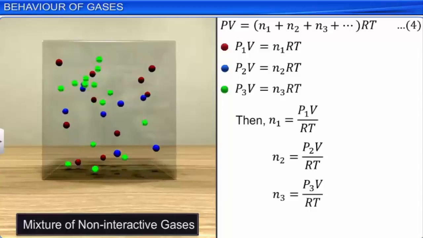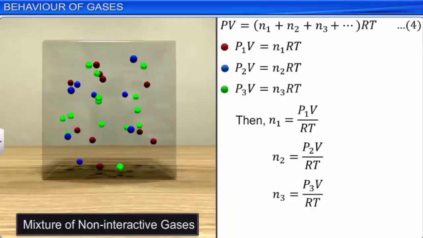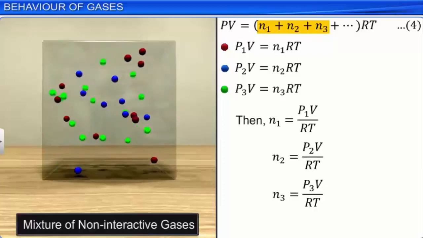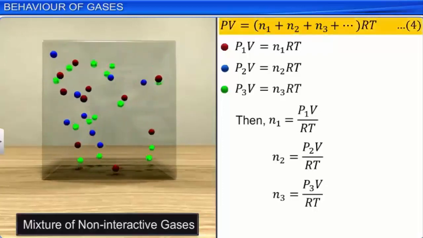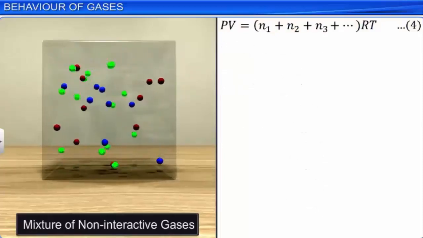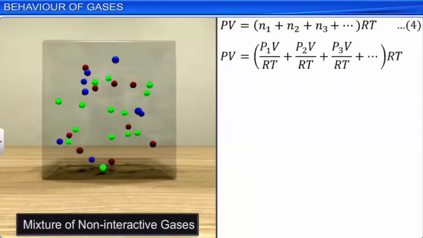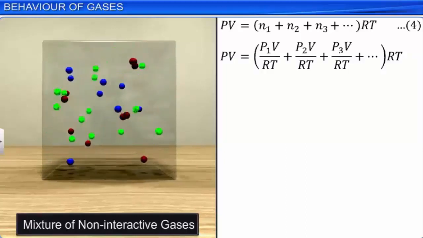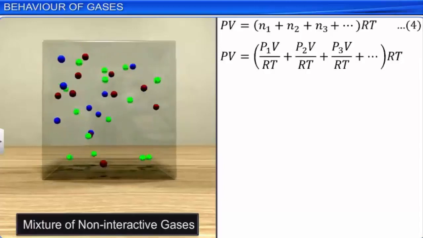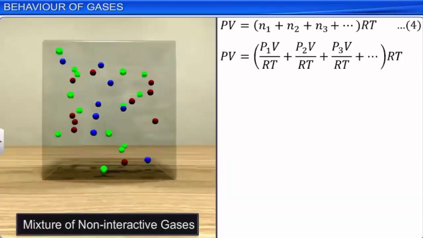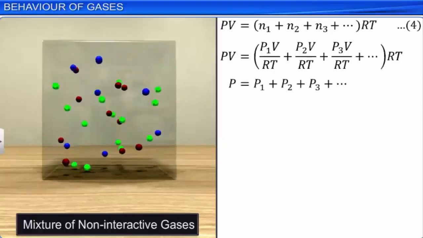Substituting the values of N1, N2, N3 in equation 4, we get PV = (P1V/RT + P2V/RT + P3V/RT + ...) RT. On simplification, we get P = P1 + P2 + P3 and so on.